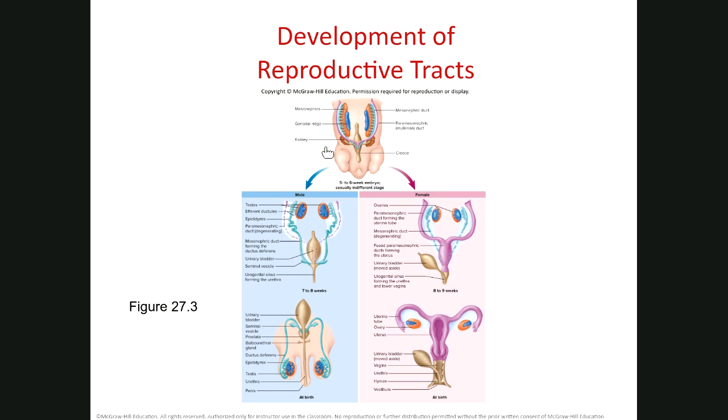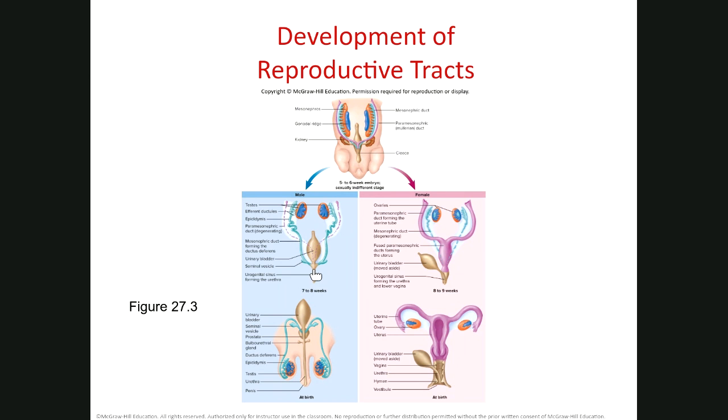In the male, this is dominated by testosterone, and all male development will happen. The possibility of the female tract degenerates with the testosterone and the MIF.